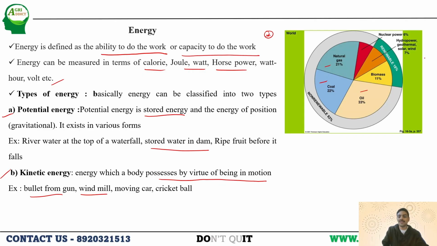In the renewable section, biomass is 11%. Sorry, let me correct that: 11% is from biomass, and the remaining 7% is from wind energy, solar energy, and geothermal energy. Altogether 18% is from the renewable sector and 82% from the non-renewable sector.